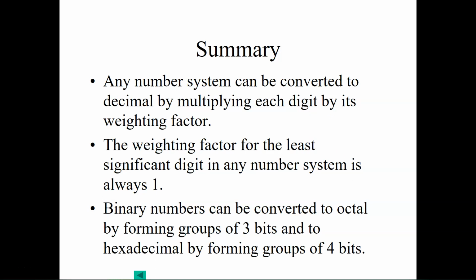Every numbering system can be converted to decimal by multiplying each digit by its weighting factor. Binary numbers can be converted to octal by forming groups of 3 bits, and to hexadecimal by groups of 4 bits.